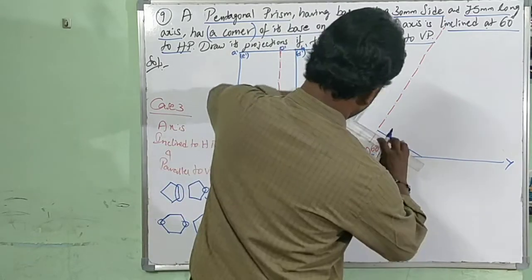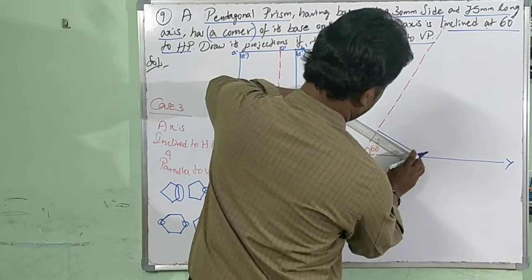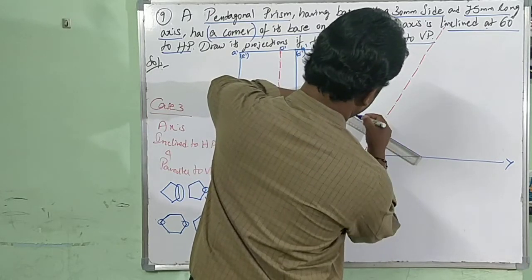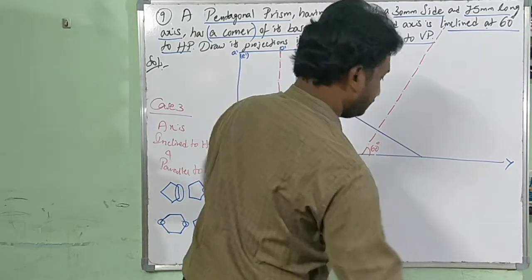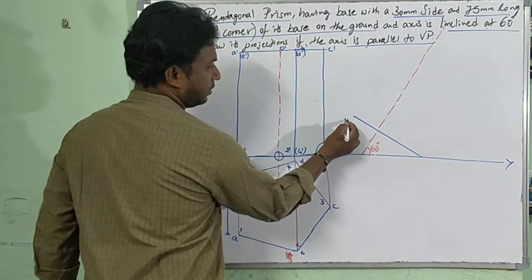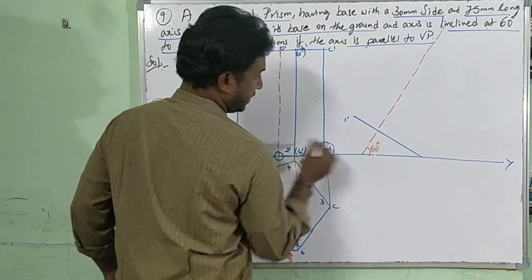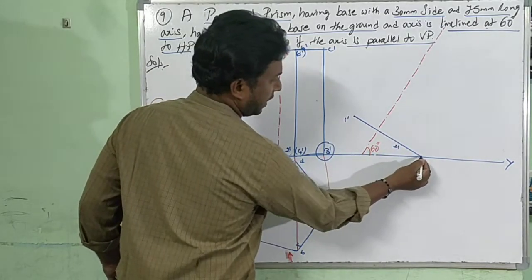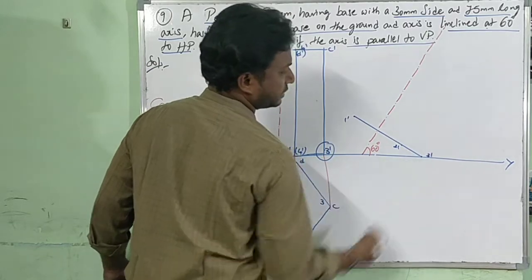Once it is done, try to extend it. This line totally, what points do you get here? 1 dash, measure it for 2 dash, it should be here, 3 dash.